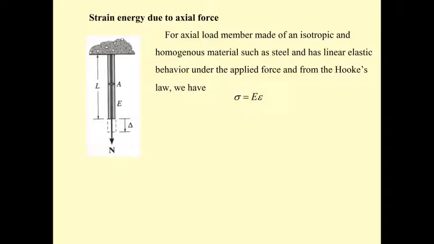Now that is external work. Let's have some discussion on the strain energy that's stored in the member. Just for example, if you bring up a rubber band, you may have a rubber band from 7-Eleven or some store, and if you pull the rubber band from maybe a length of 5 centimeters to 10 centimeters, and you release one finger, the rubber band will snap back into your hand.